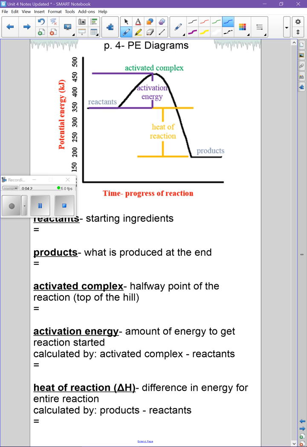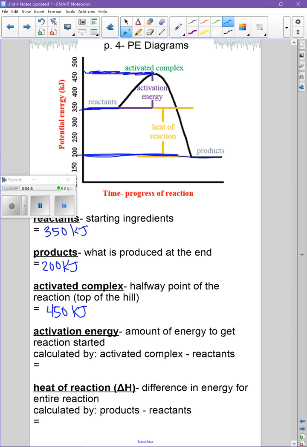So the reactants are at about 350 kilojoules. The products, if I read over, are at about 200 kilojoules. The activated complex is the top of this hill, so if I read over, that has about 450 kilojoules of energy.